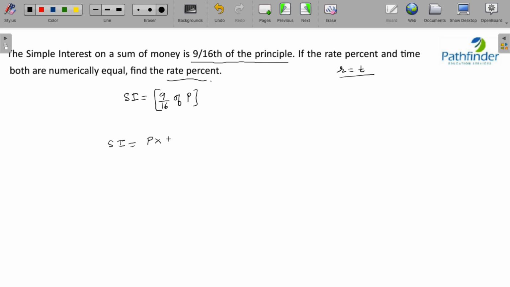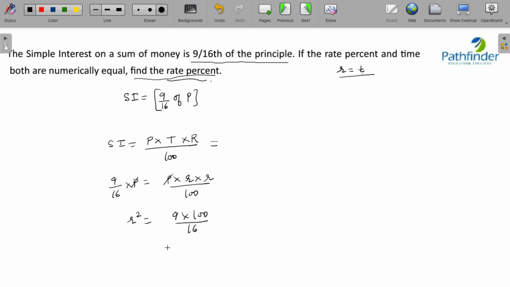Your formula is simple interest is equal to P into T into R divided by 100. So your simple interest is 9/16 of P, which is P. And since R and T are equal and we need to find out rate, we'll substitute the value of T as R. So R into R upon 100. So P cancels out. So which tells us R square is equal to 9 into 100 upon 16.